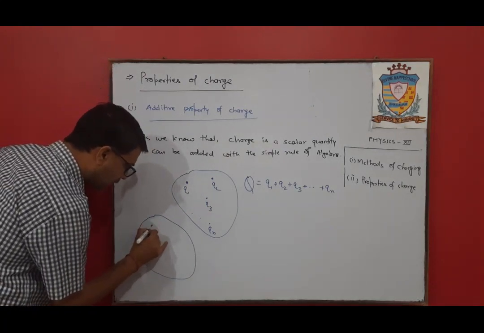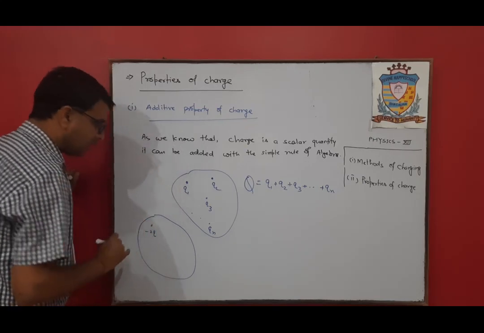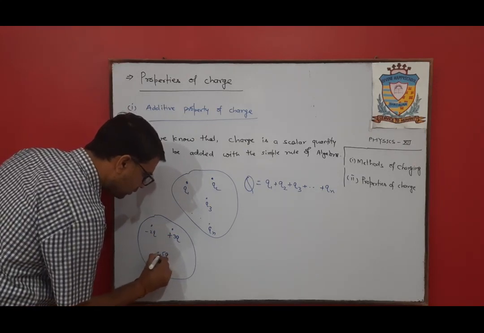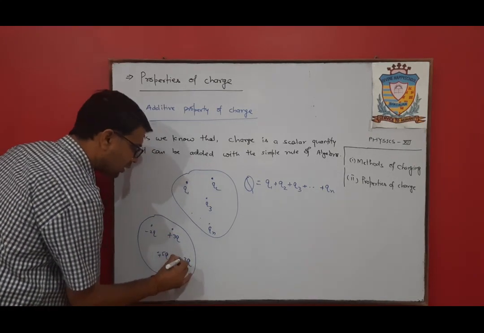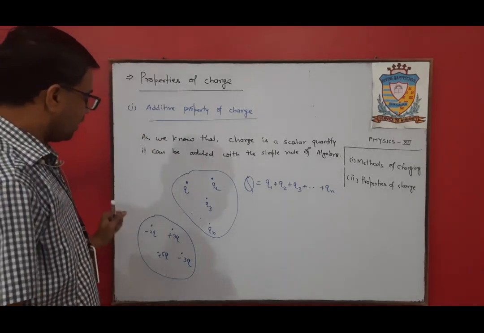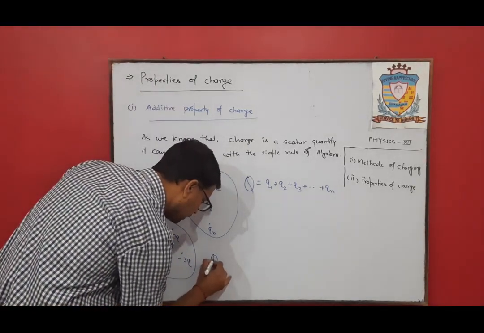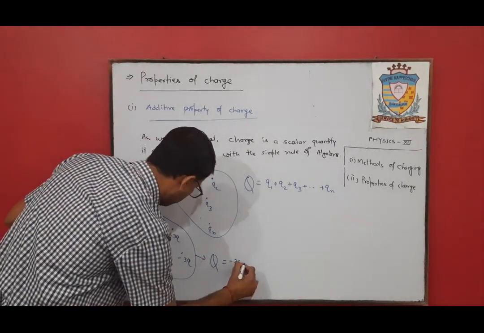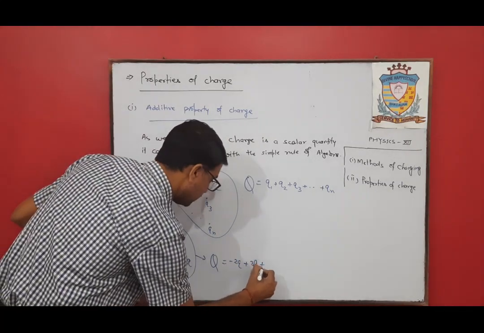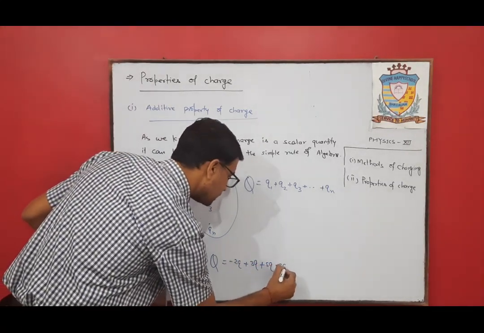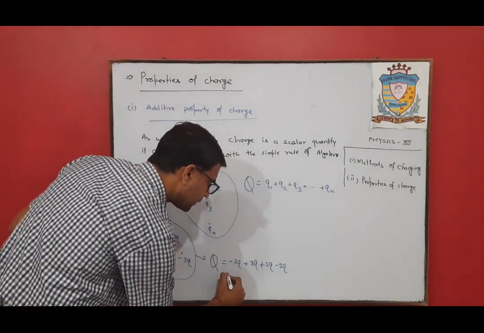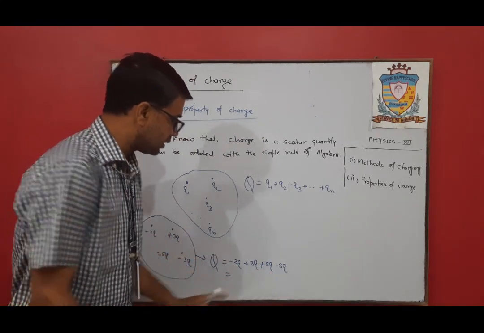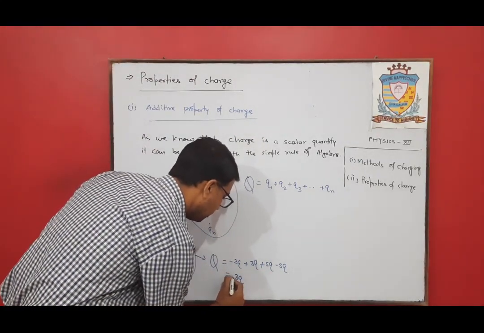Suppose, for example, a body having minus 2Q, plus 3Q, plus 5Q, minus 3Q charges randomly distributed. The total charge on this body is equal to minus 2Q plus 3Q plus 5Q and minus 3Q. So the net charge is minus 2 minus 3, which is minus 5Q, and 5Q cancels, leaving plus 3Q.